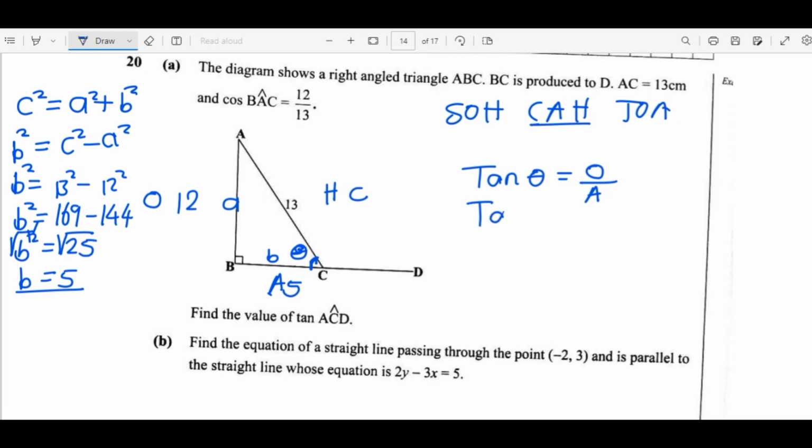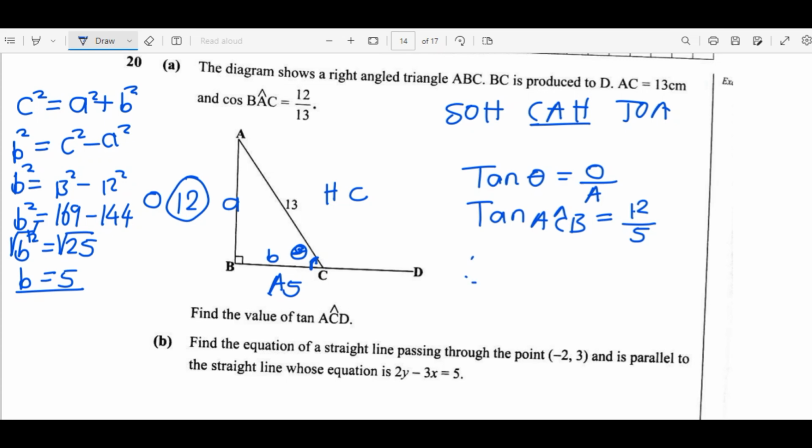So we can say tan ACB, this is the inside angle, is equal to, opposite, so not 5, 12. So the opposite is this one over the adjacent 5.